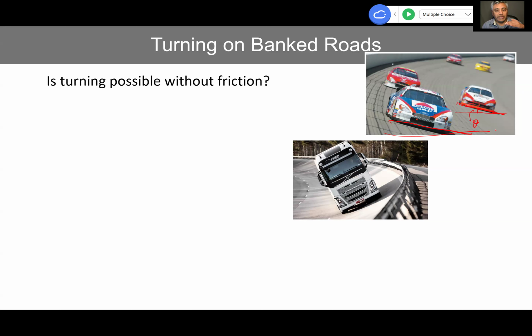But if you make the road banked or tilted, then you can go with a certain speed. So what's the relationship between speed and the angle? That's what we'd like to see, and that's what we're going to be doing next.